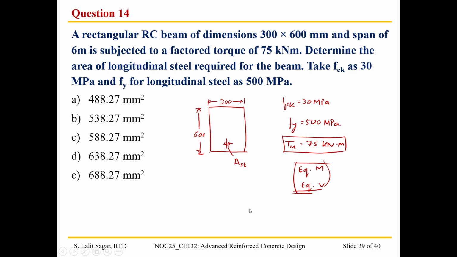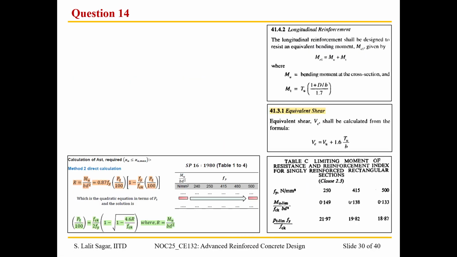Okay, that is the design philosophy. So now let us further look at the problem. Yes, so this is what I was talking about. Whenever we have a torque or a torsional force, we are going to convert it into equivalent bending moment and equivalent shear. Then we are going to proceed with the conventional design.